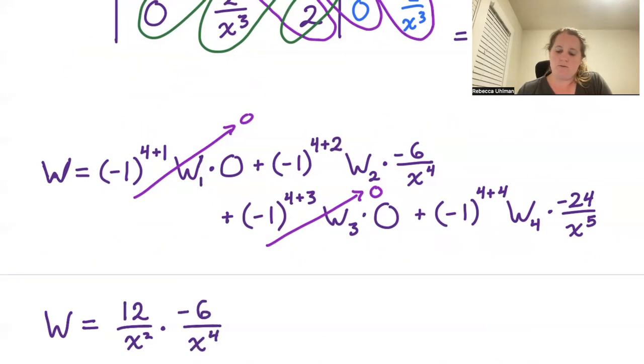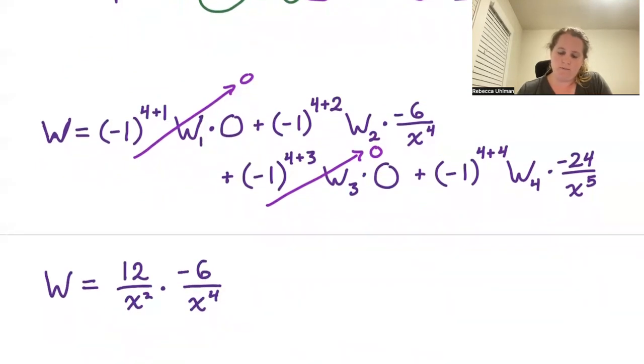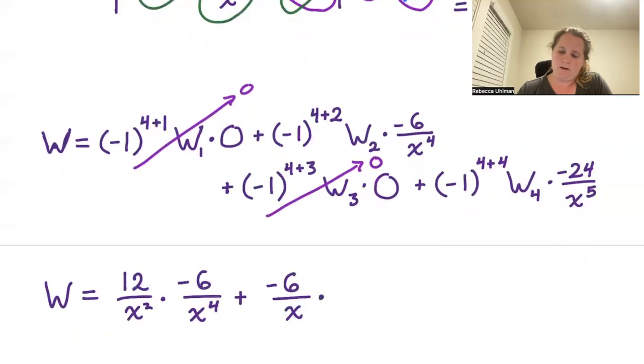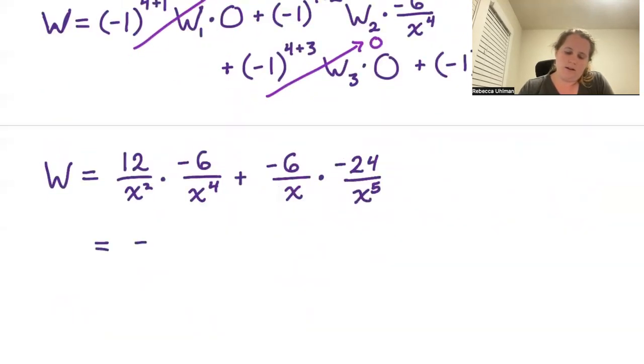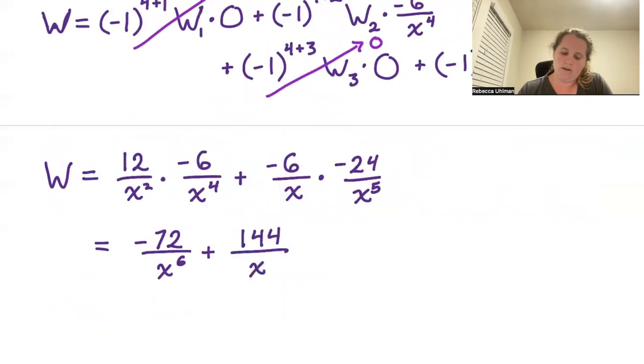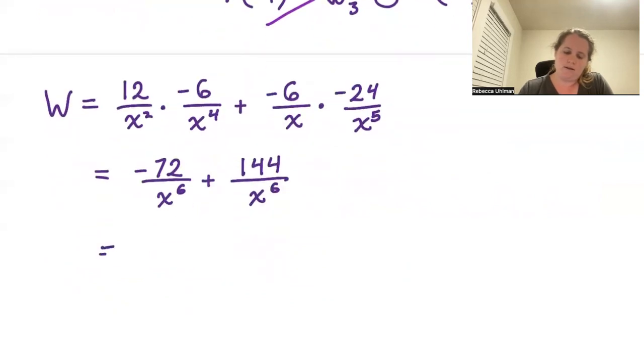Negative 1 to the 4 plus 4 is, again, positive 1. W4 was a negative 6 over x, and then we are multiplying by negative 24 over x to the 5th. So we are looking at a negative 72 over x to the 6th plus 144 over x to the 6th. And this is just 72 over x to the 6th.